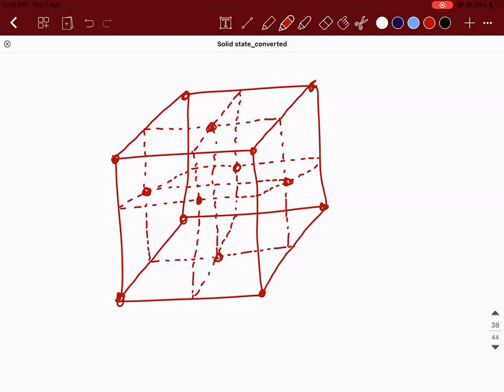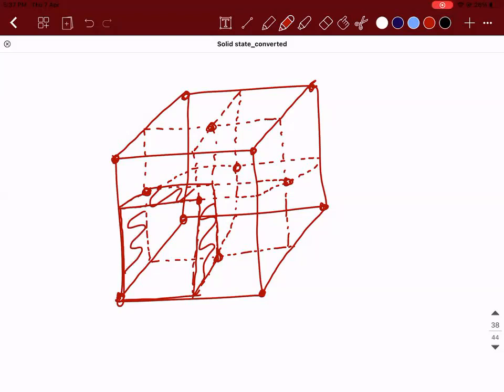Now, this FCC is one unit cell. You have to cut it into 8 equal parts, for your understanding purpose. Out of the 8 equal parts, just take one part. So I'm taking this part alone. See, this point will not come here.